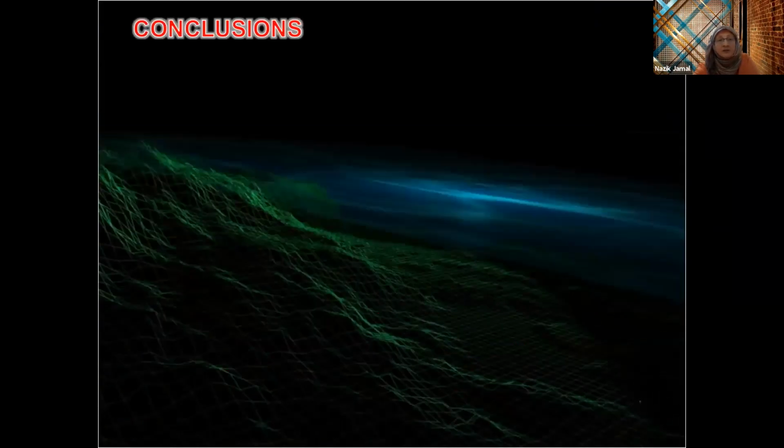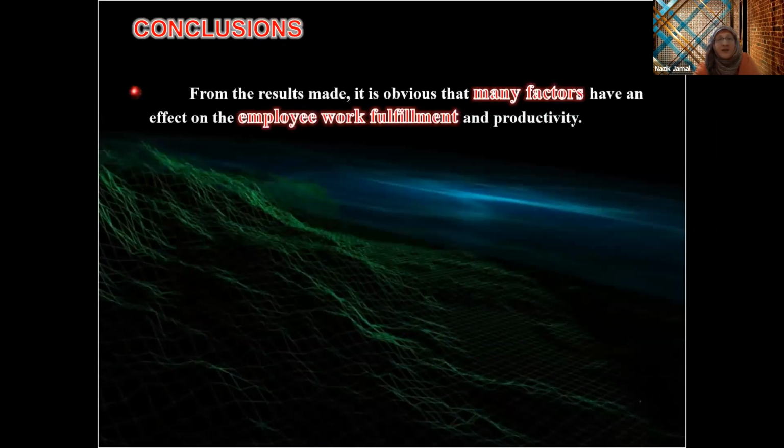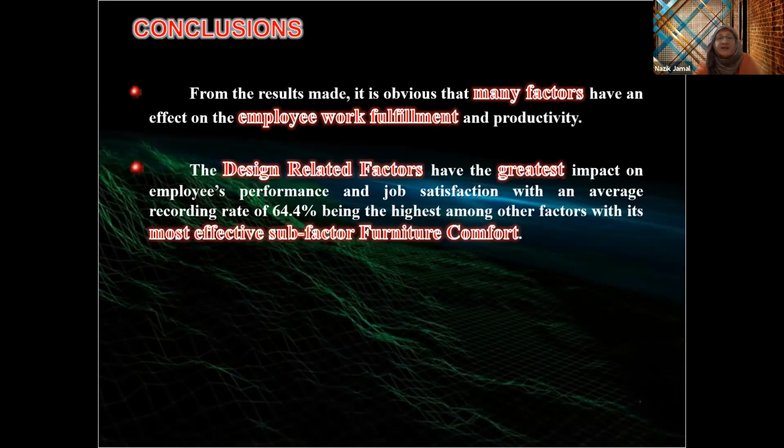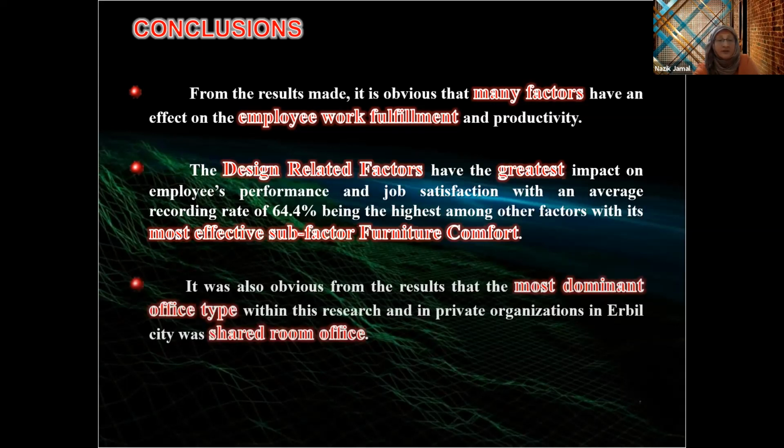For the conclusion of our research, from the results, it's obvious that many factors have an effect on employee work fulfillment and productivity. The design-related factors have the greatest impact on employee performance and job satisfaction, with an average recorded rate of 64.4%, being the highest among the other factors, with its most effective sub-factor being furniture comfort.